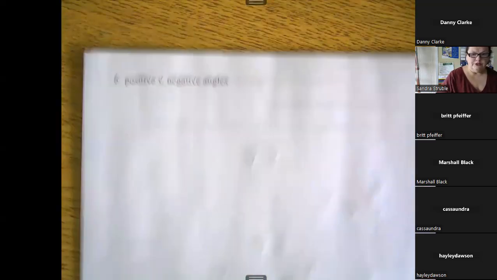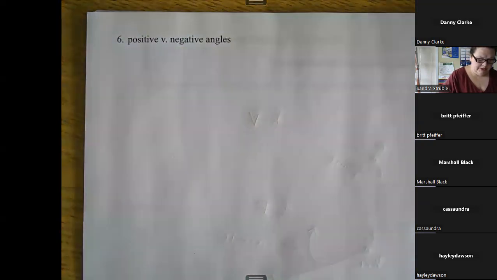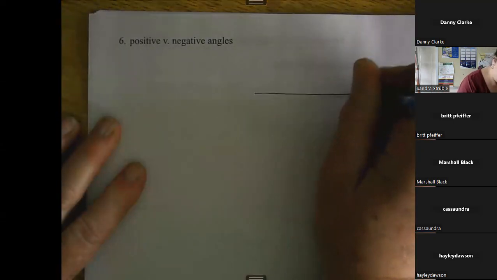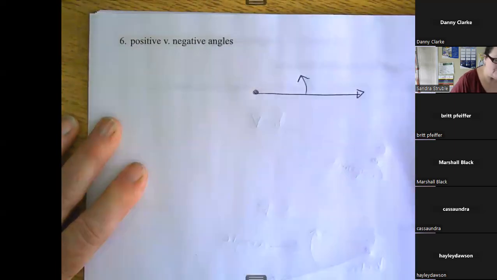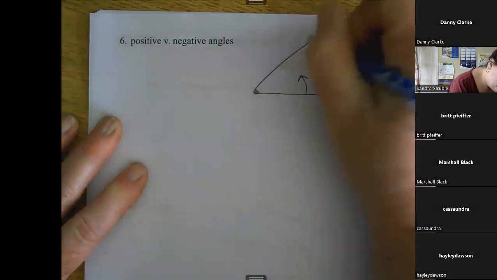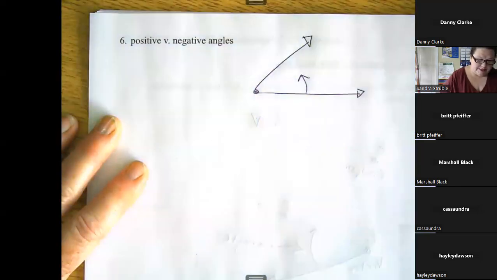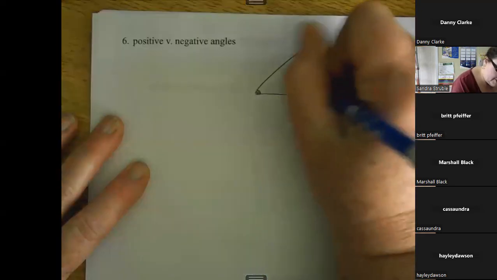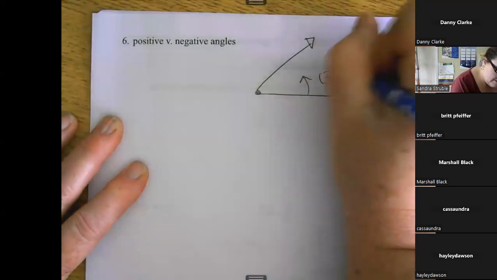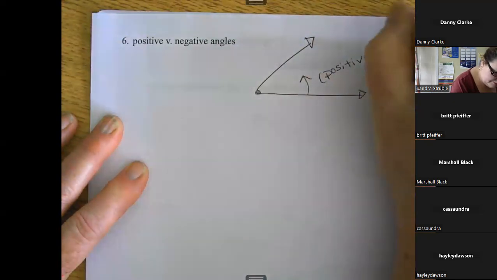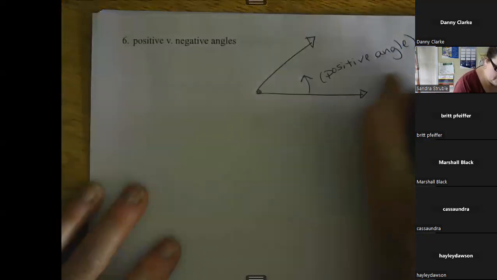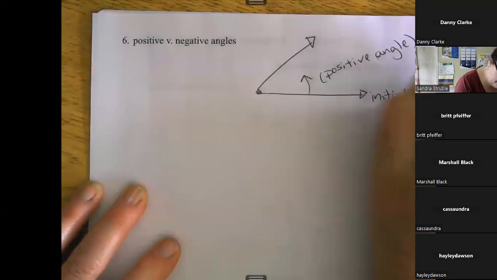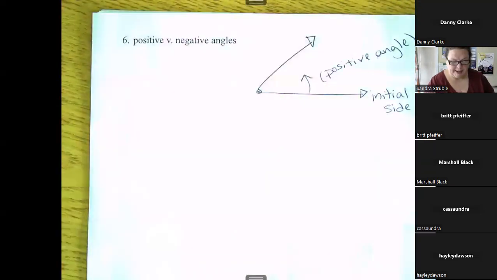Positive versus negative angles. If an angle is measured in a counterclockwise direction, let's start with our initial side. Here's our vertex. If we are going in this direction, which is counterclockwise, our terminal side will give us a positive angle. Always starting from the initial side.